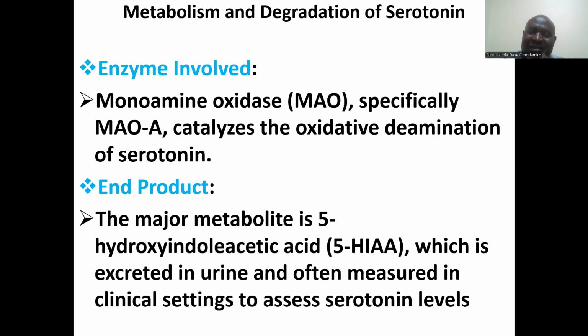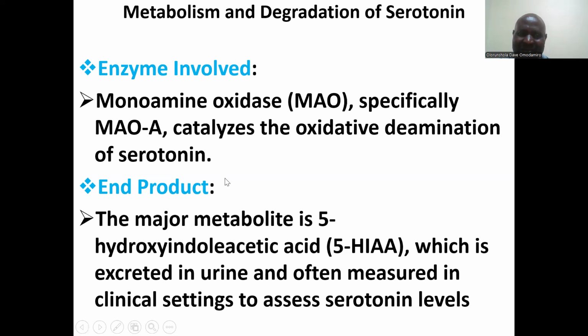After it has been synthesized, the metabolism or degradation of serotonin also involves enzymatic reactions. The enzyme involved in its metabolism is monoamine oxidase, MAO, which specifically catalyzes the oxidative deamination of serotonin.